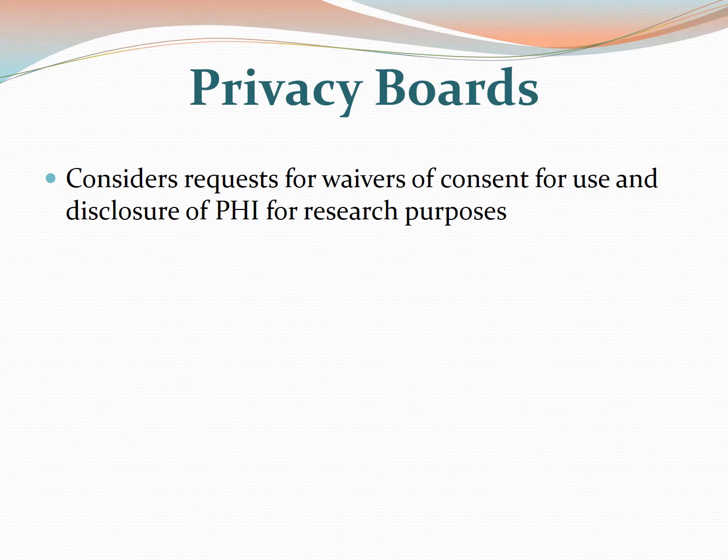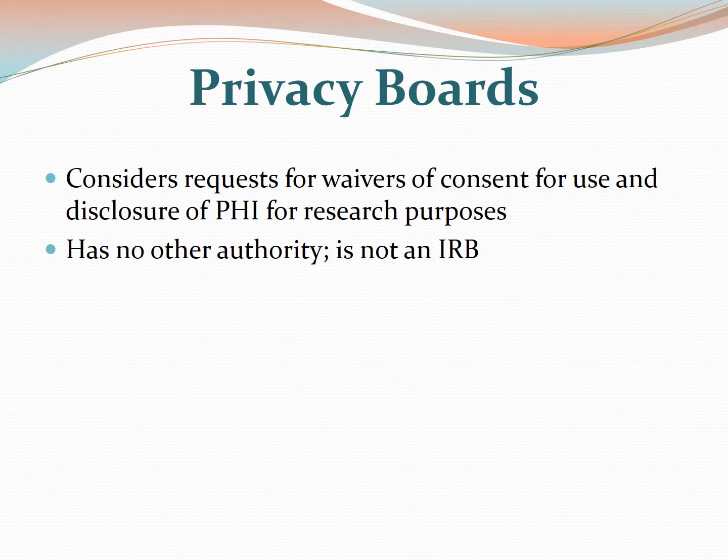Some IRBs will set up their own privacy boards, and the only thing the privacy board does is consider the request for waivers. It doesn't have any other authority. It is in and of itself not an IRB. It might be part of an IRB, but the privacy board only has one function, and that is to look at waivers of consent. So it has no other authority, but it can be part of an IRB.